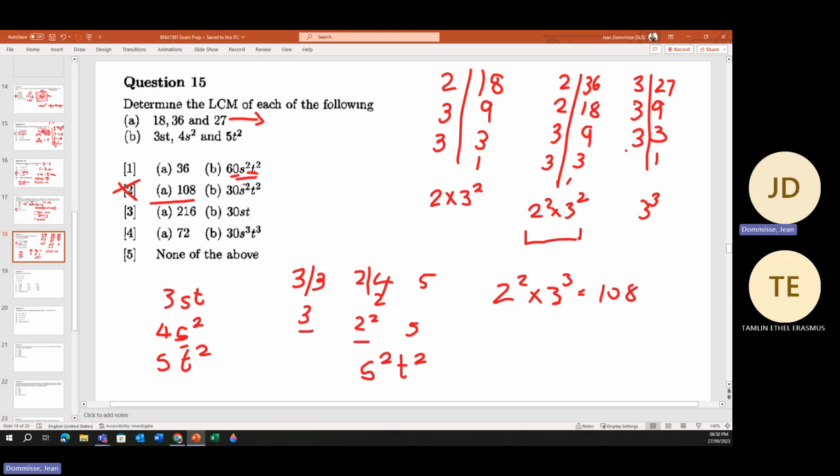We're actually sitting with that one. 3, 4, 5. And that is 2 to the power of 2. It's not just 2. So this is quite interesting.